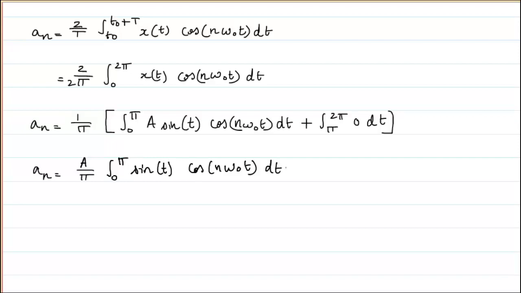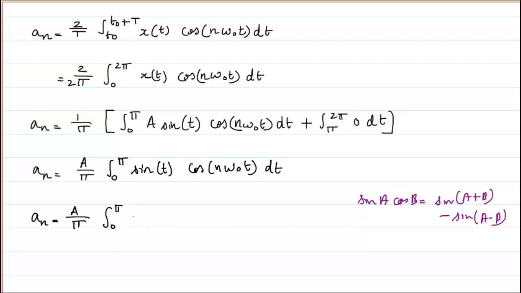dt. Correct? We know that sine a cos b is basically sine a plus b minus sine a minus b. So based on that, I can write an is equal to a divided by pi integral 0 to pi.